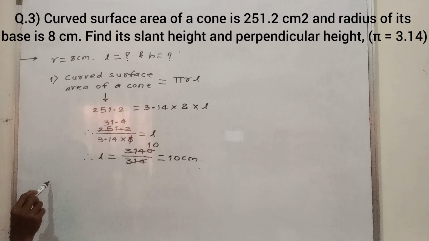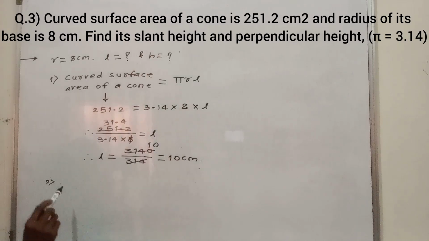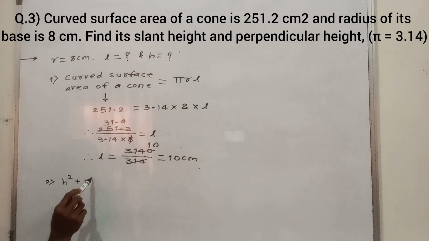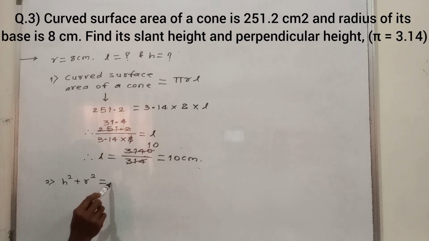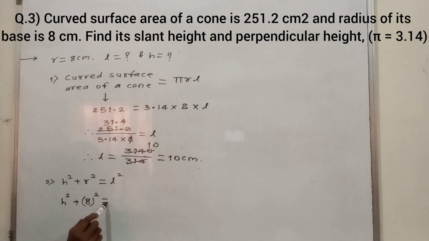Okay. Then what is the second question? Find perpendicular height. h square plus r square is equal to l square. We don't know h. r is 8 square, l is 10 square.